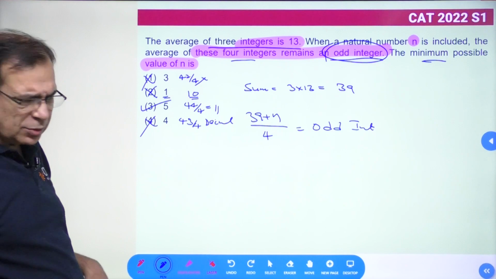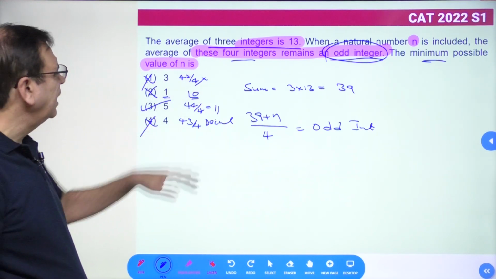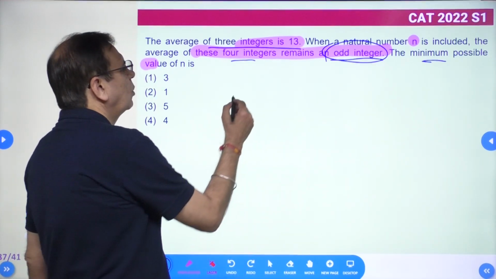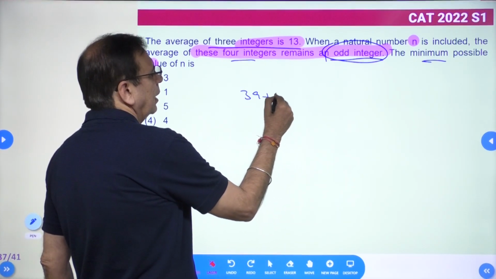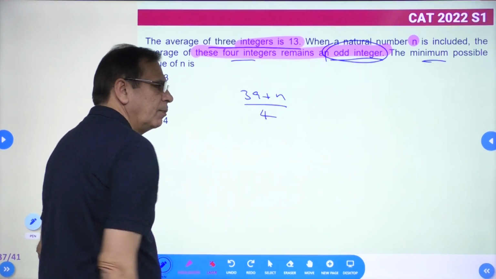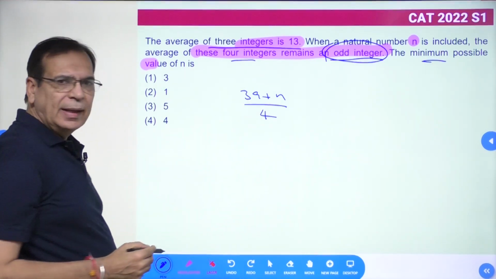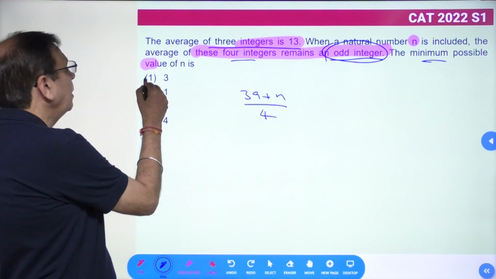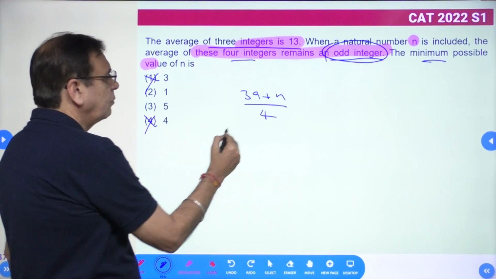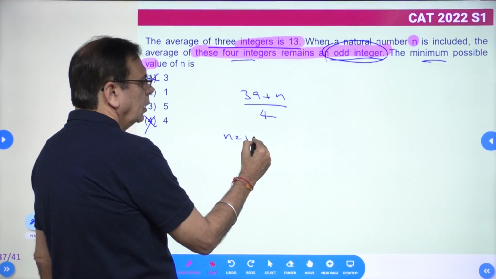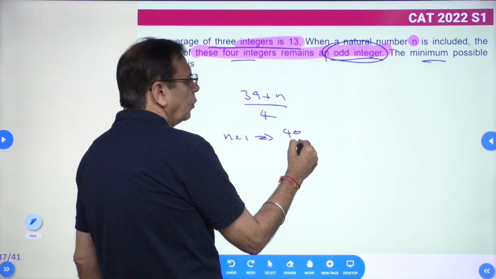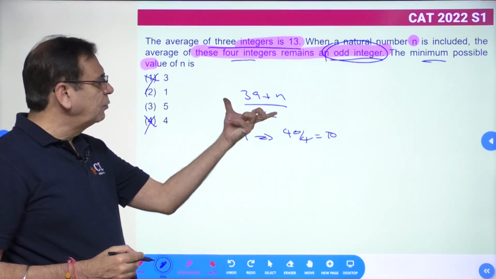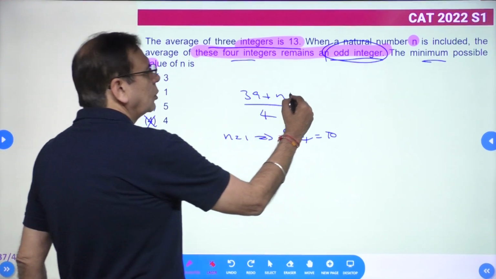Okay. So simple question. But हमने बहुत ज़्यादा काम कर दिया. इतना नहीं करना था हमको. We have wasted a lot of time. Straight away we could have gone to say 39 plus n by 4 करना है. Okay. So n can be 1 or next will be 5. मैंने बेकार में 3 और 4 को चेक किया. So if I put n equal to 1, this implies 40 by 4 equal to 10. So for the next value of n, for this to be an integer, what should n be?